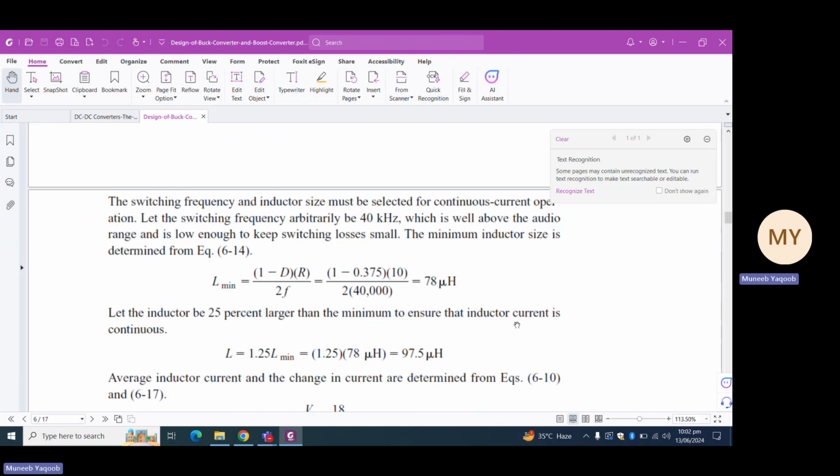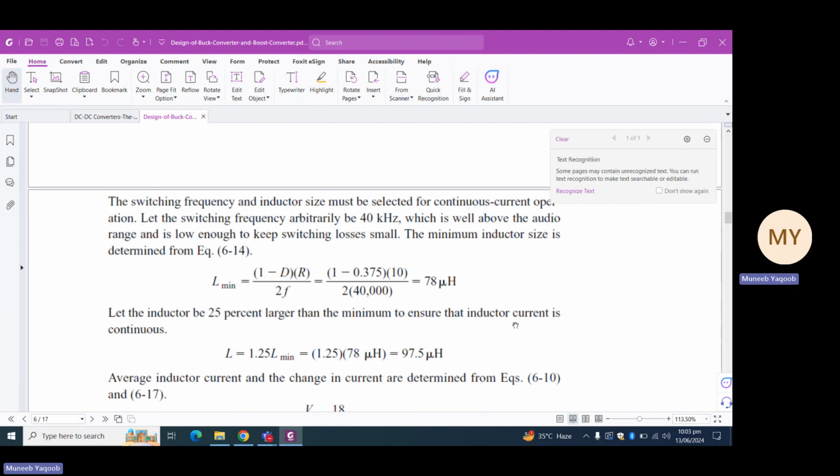Now if we add a safety factor of 25% to it, we get the new inductance as 1.25 L minimum, and hence a value of 97.5 microhenry. In electrical engineering, we basically take a safety factor of between 20 and 25%.